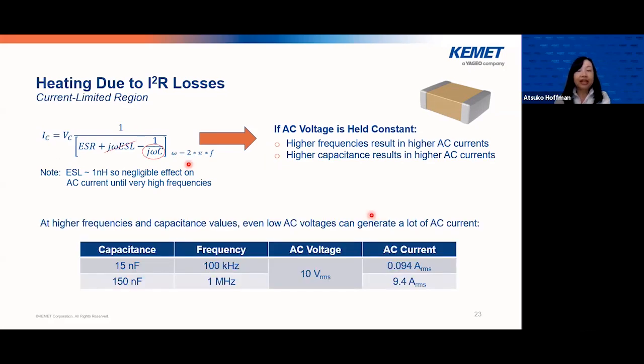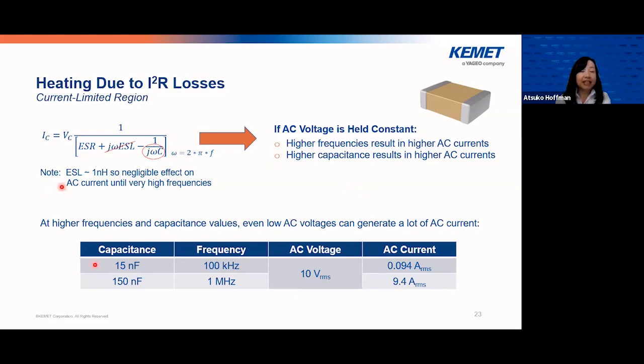So a capacitor with higher capacitance value or operating at higher frequency is going to get more AC current. With higher capacitance and frequency, even though the AC voltage is low, you can get a lot of AC current, ripple current.